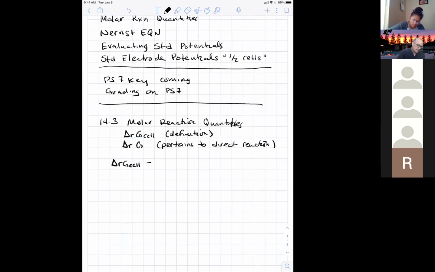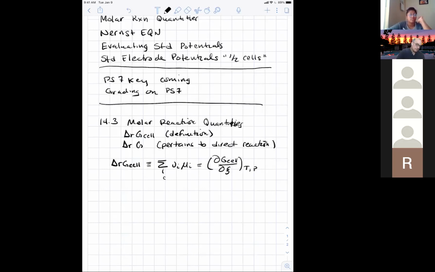And we're going to take the definition here that's pretty standard and goes with our earlier definitions just as pertaining to the cell.